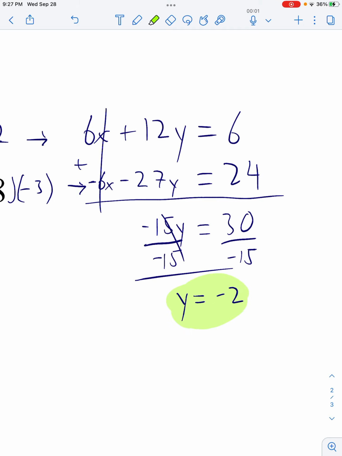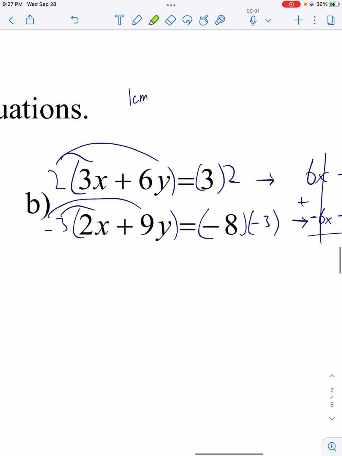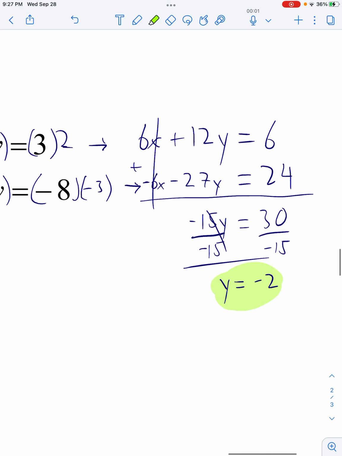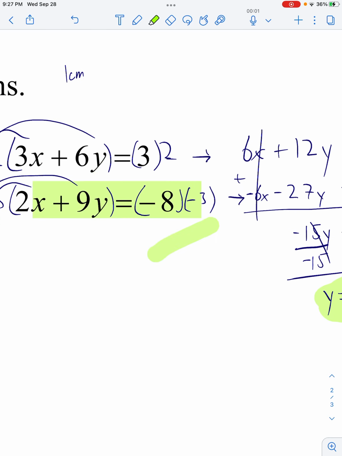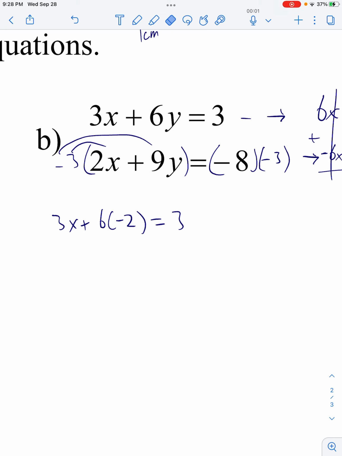Once I know what y is, I can just go back to one of my original equations, easy peasy. I can plug in y equals -2 for y in this first equation. That gives me 3x plus 6 times -2 equals 3. So I went back to the original equation, without the multiplying everything.